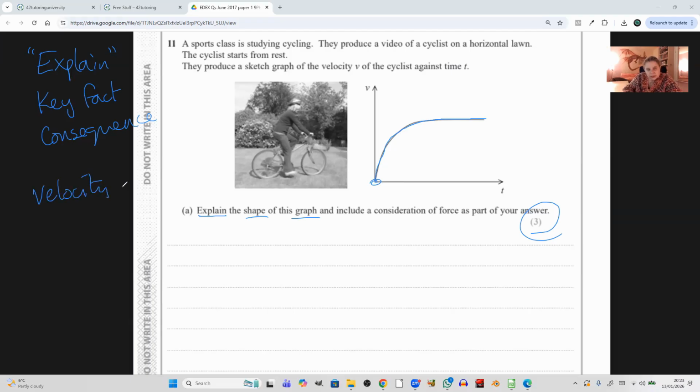So the velocity increases, and then the rate of increase slows down, doesn't it? The rate of increase gets less until it reaches a constant velocity.